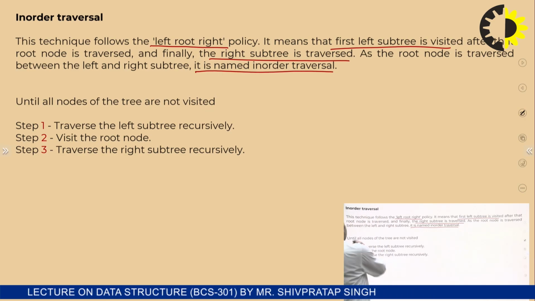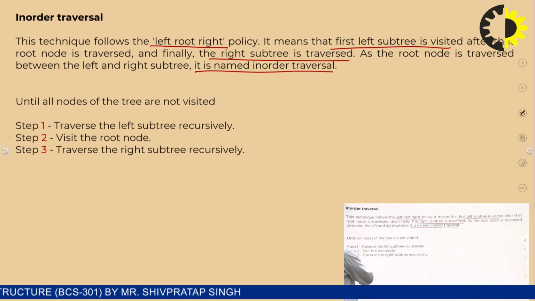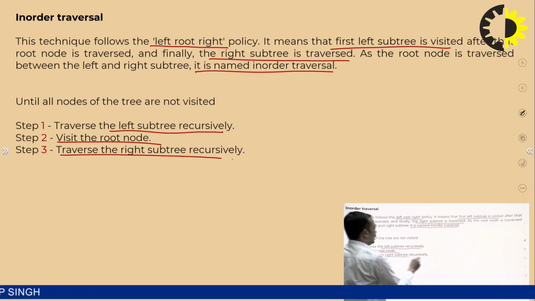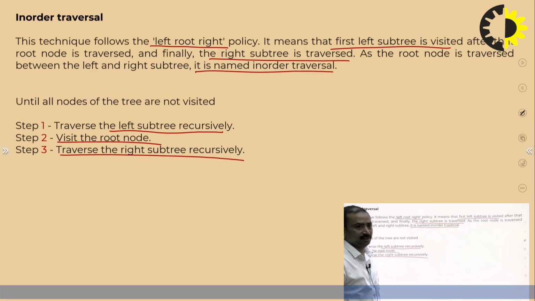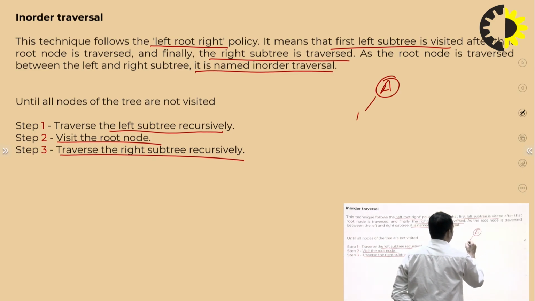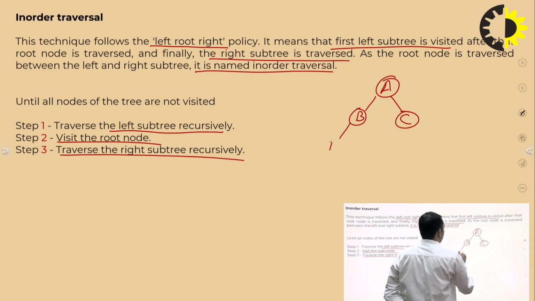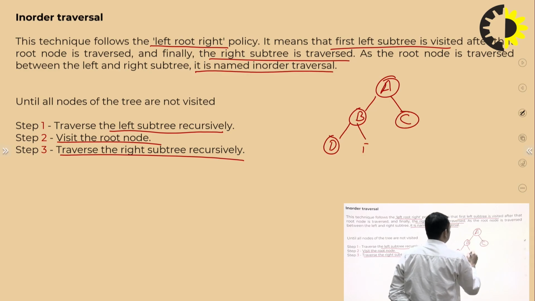Until all the nodes are visited, perform these three steps. Step 1, traverse the left subtree recursively, visit the root node, and traverse the right subtree recursively. Again, the same example that we discussed in the previous two examples.